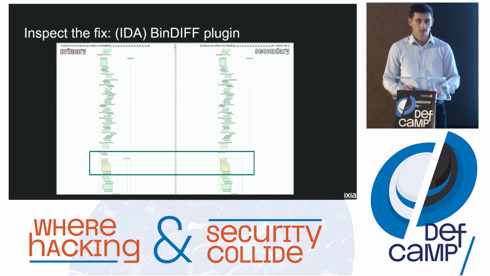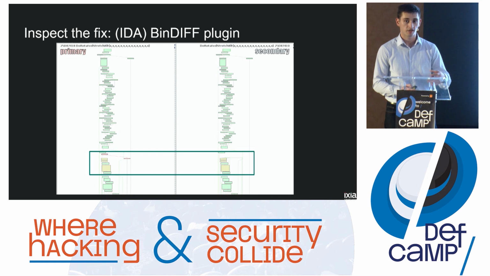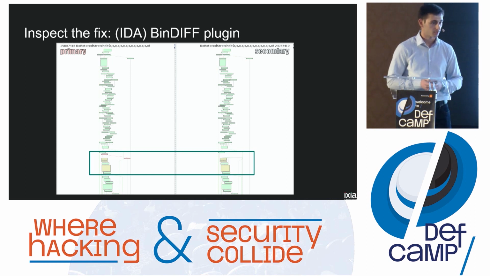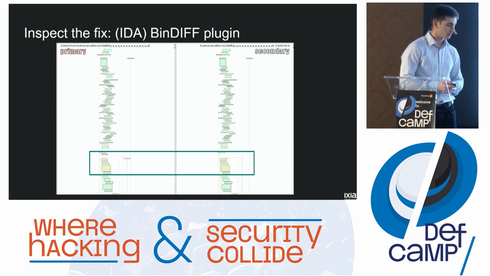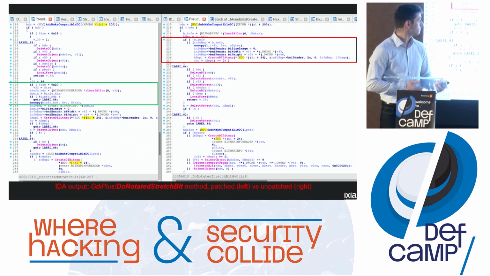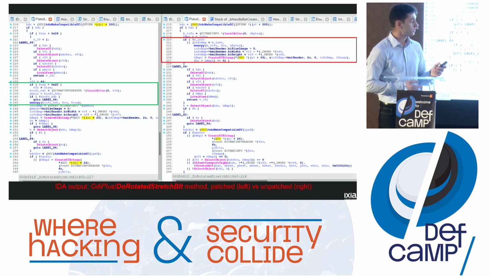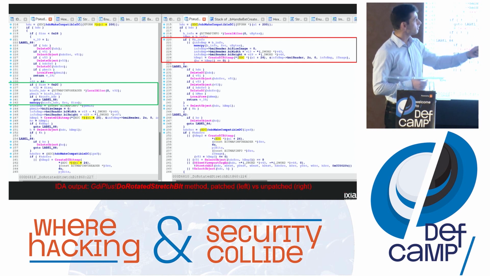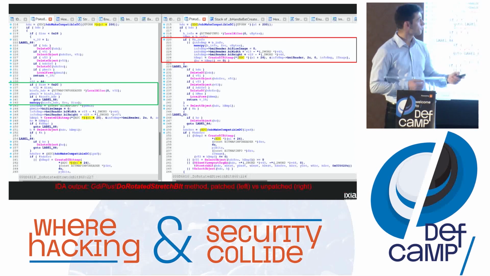And you can get a hunch where the actual differences in the code are. So let's zoom into that part where there seem to be some differences and find out what happens there. So these are the functions, the patched one with green and the vulnerable method in the unpatched DLL with red.